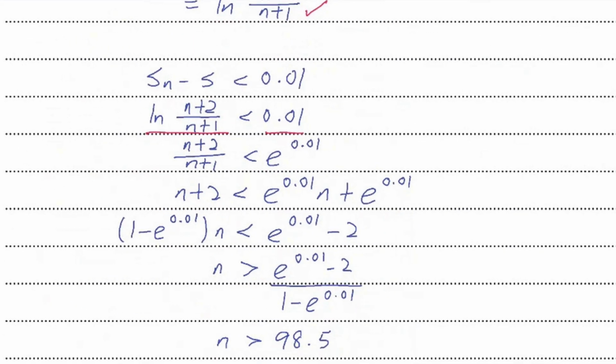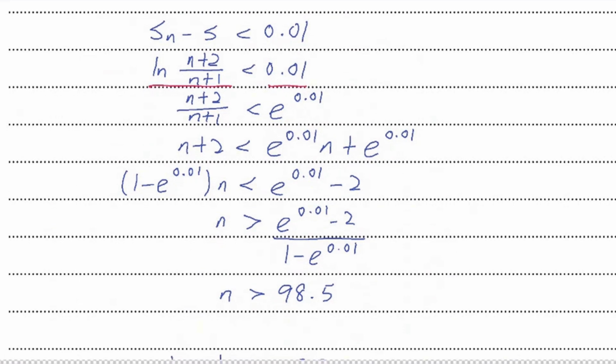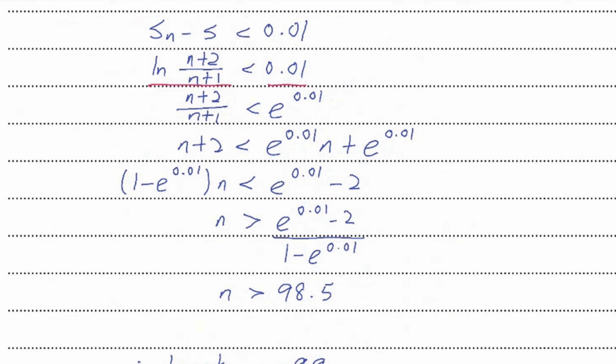Because we are trying to solve for n there, it's just to tidy things up a little bit. So you just have to be careful whenever you want to divide something, be careful of the plus minus sign there.